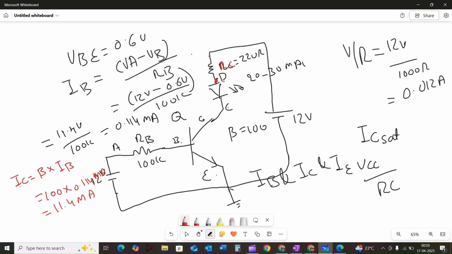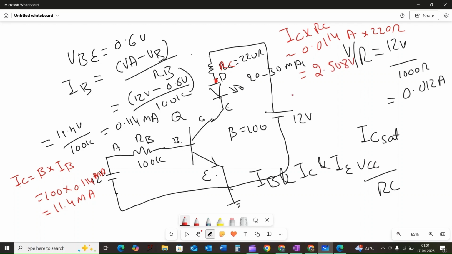The voltage at the point D can be calculated as IC times RC, which is equal to 0.0114 amps times 220 ohm, which we can consider as 2.508 volt.